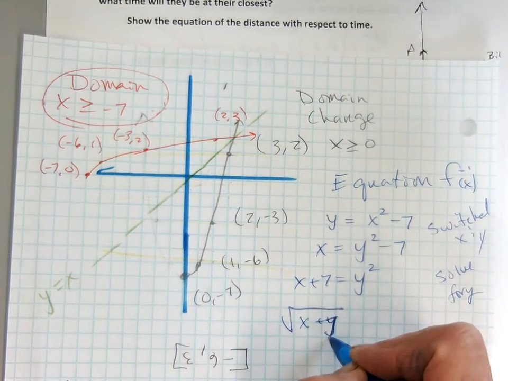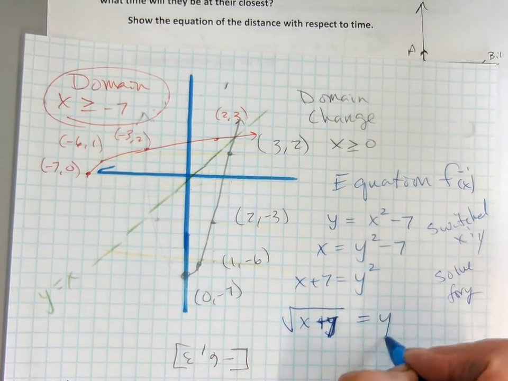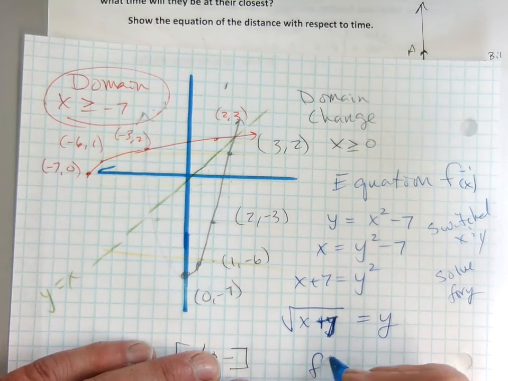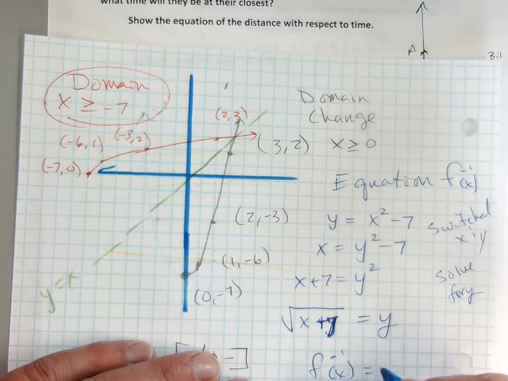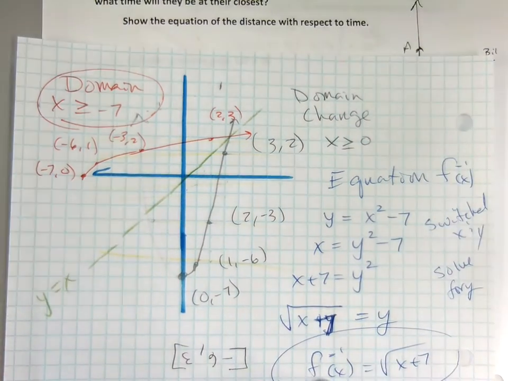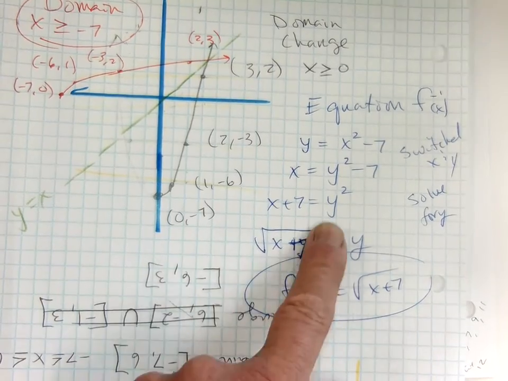Oh, that's a 7. I'm sorry, I get talking. How's that? There's your inverse. And I like you to write it with the inverse symbol. You don't have to, I wouldn't mark it wrong, but I like this symbol. It looks better than y.